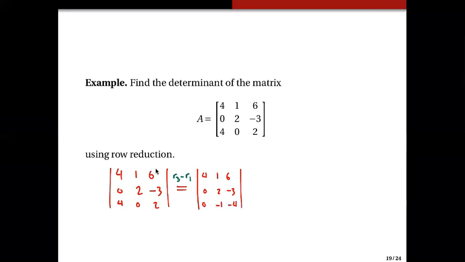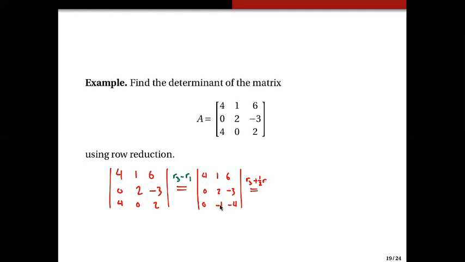Now, next, we want to make this guy here 0. So what we can do is replace row 3 by row 3 plus 1 half row 2.